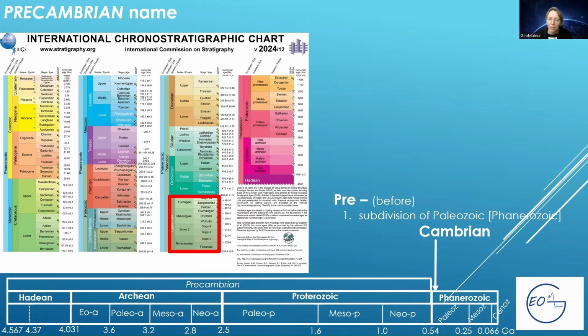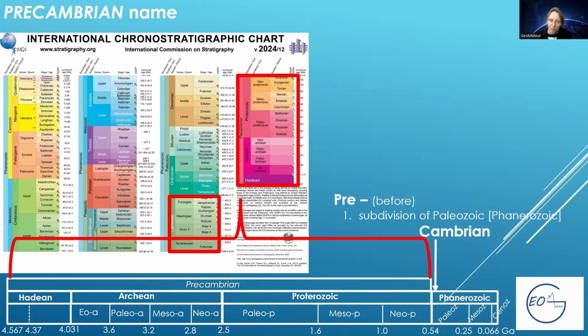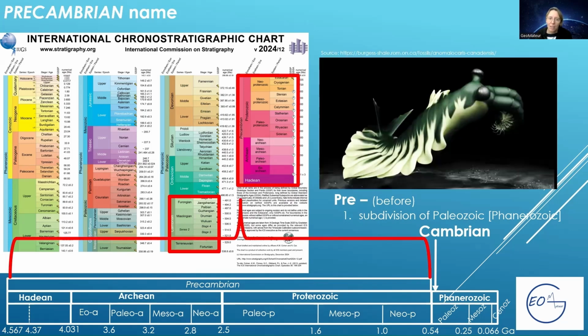Why Precambrian? Because Cambrian is connected with the so-called Cambrian explosion, a big diversification of forms of life that had not existed before.